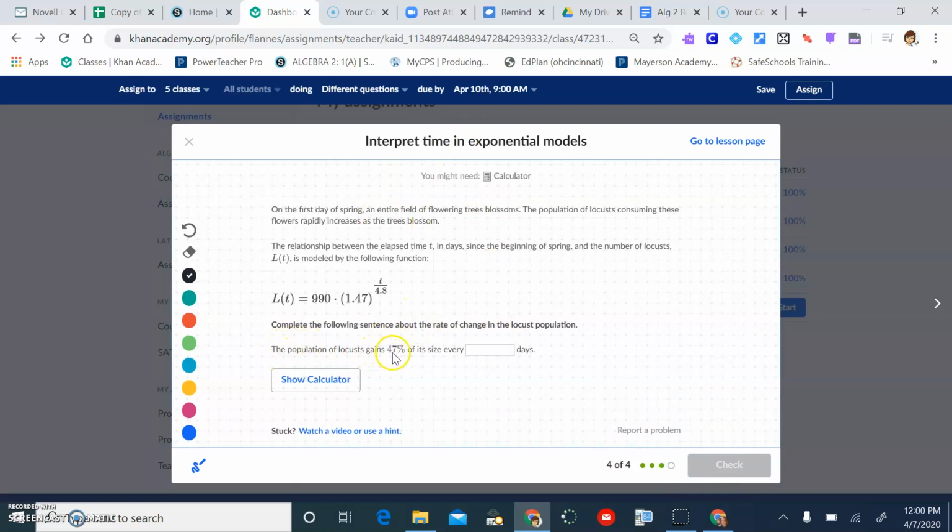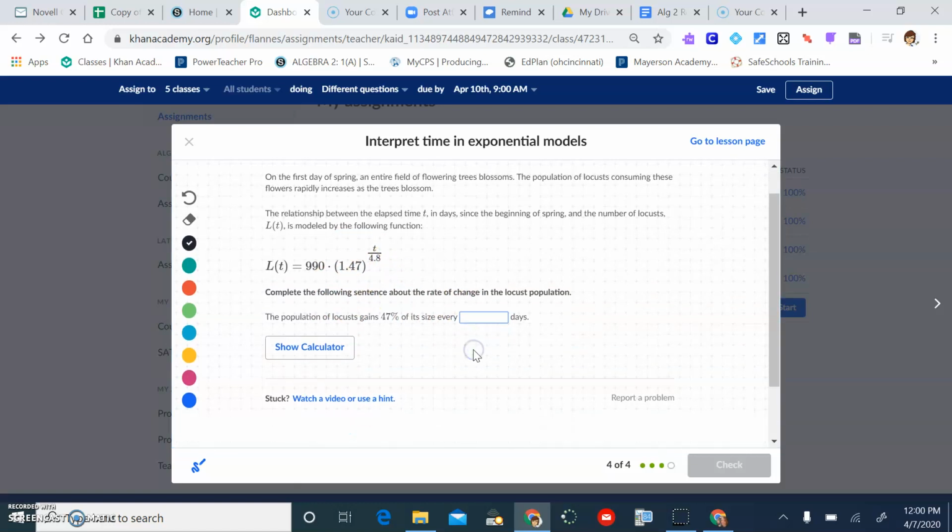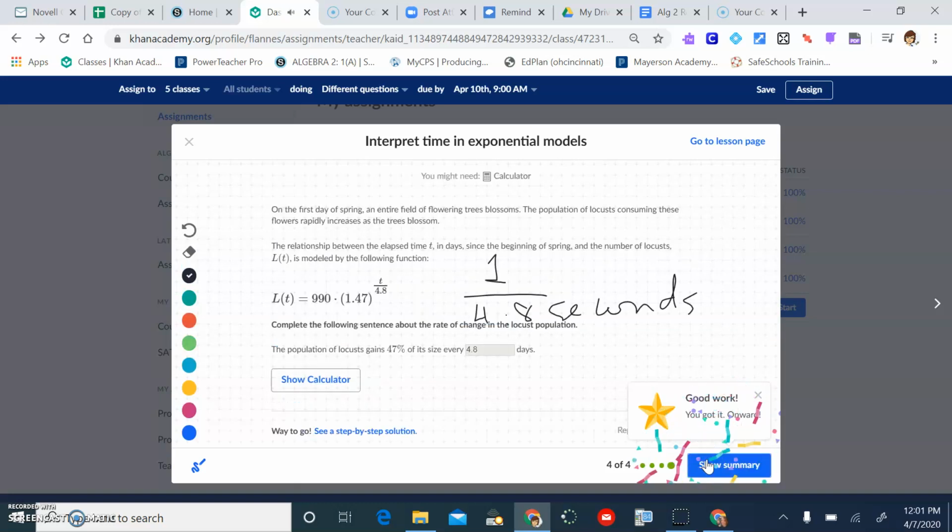The population of locusts gains 47% of its size, it's gaining 47% every 4.8 seconds, because this is going to happen once every 4.8 seconds. That's what that fraction means. It's going to happen once every 4.8 seconds.